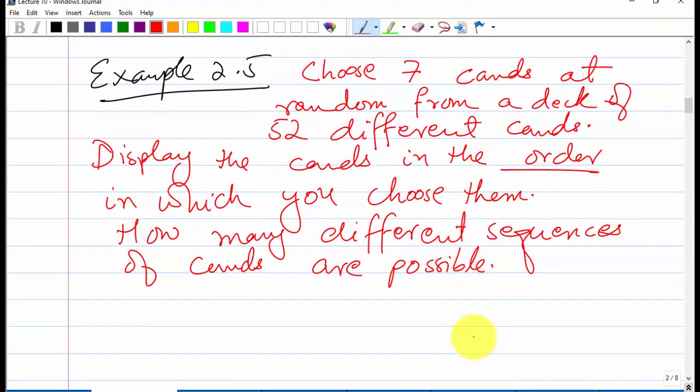So this example says that we have a deck of 52 cards and we have to choose one card, place it somewhere in front of you, and then choose the next card. Remember that when we choose the next card, we will not have 52 cards because one card is already taken, so we will have 51 cards.